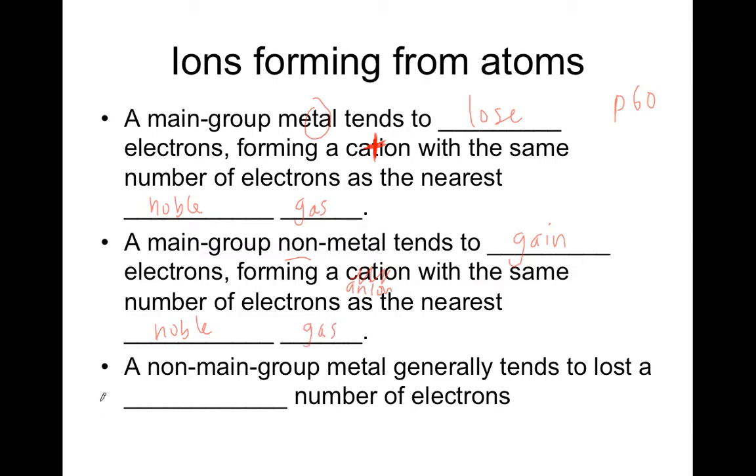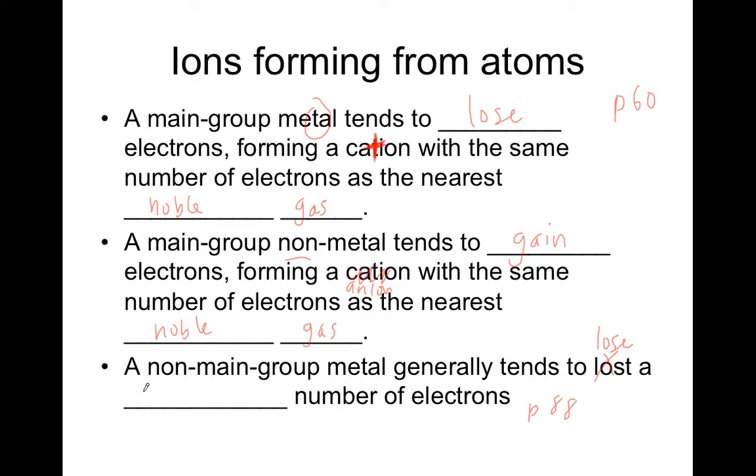And then a non-main group metal generally tends to lose electrons, with a tendency to lose what? Fill in the blank here. Pause the video, go look on page 88, and tell me what word goes here.